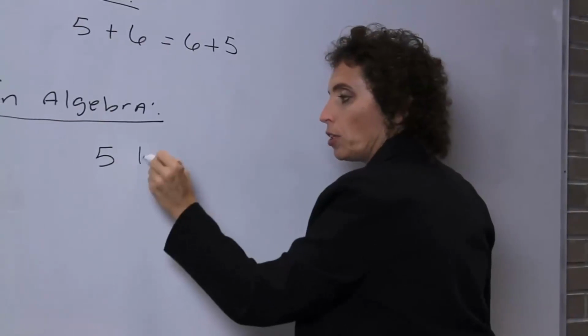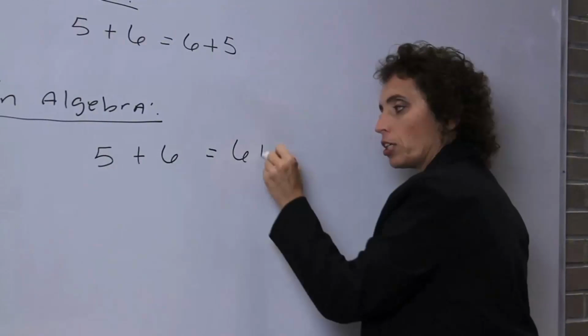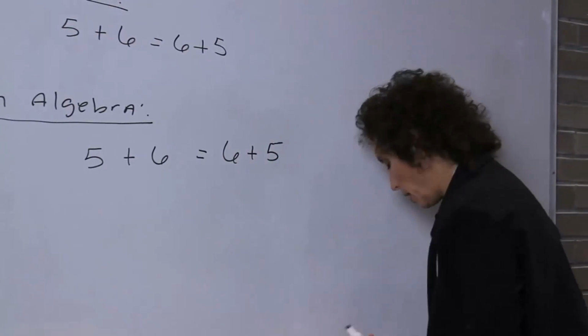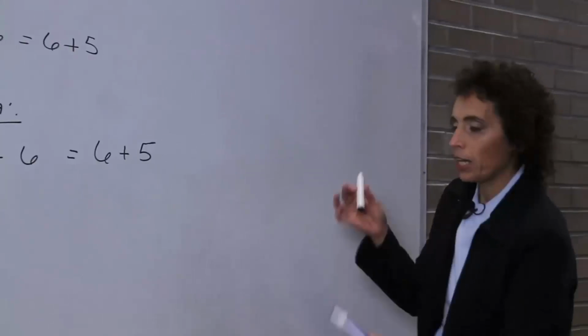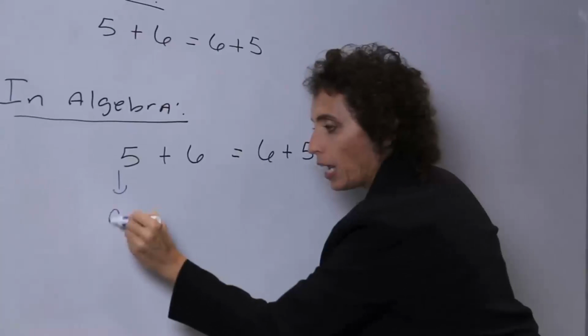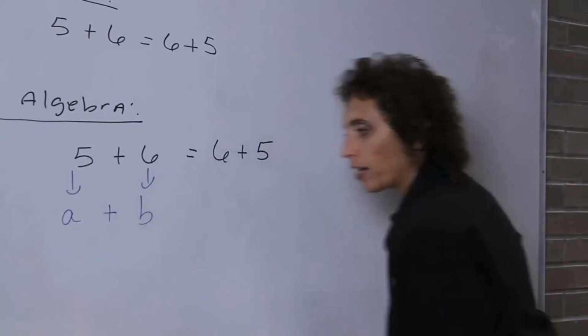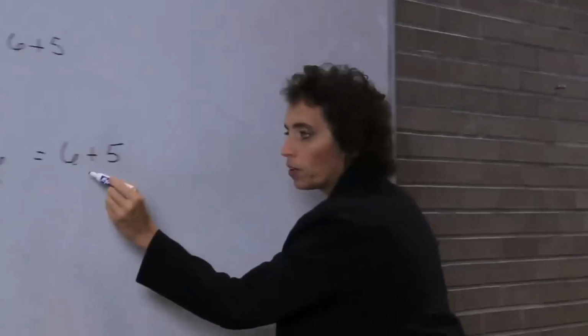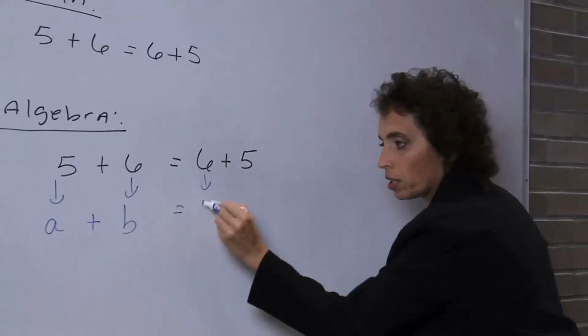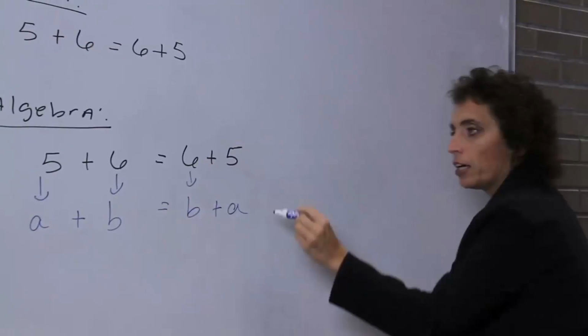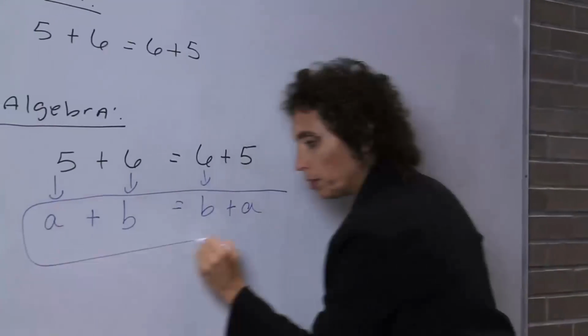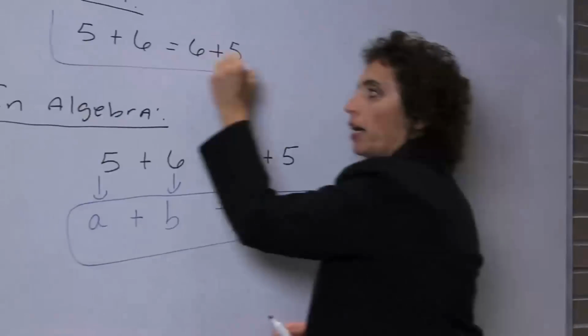So instead of using the 5 plus the 6 equals 6 plus 5, that would be the math. What I could do is I could say, let's let A be 5 and B be 6. And then I could write A plus B. Well, if B is 6, that equals B plus A. So here's how it looks in algebra, and here's how it looks in math.